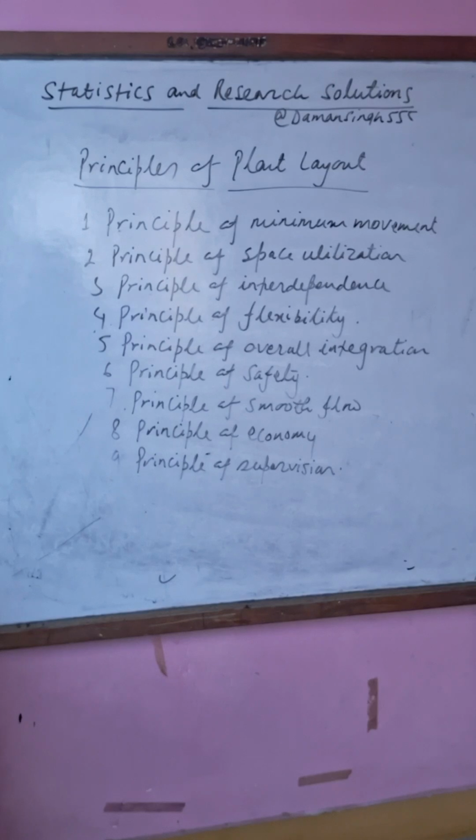And next, principle of interdependence. So interdependence means the plant should be dependent to each other. When the work is complete in one machine, that moves to another machine. If interdependence of the machines is not properly maintained during plant layout, then that layout is not a good layout.